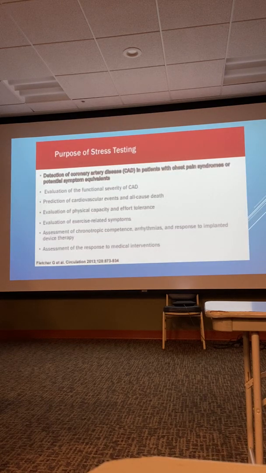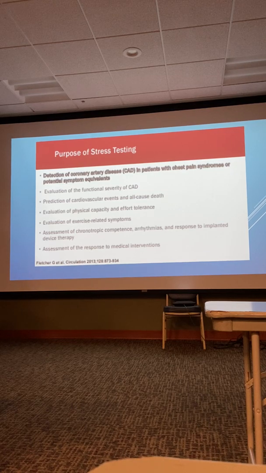And what's the purpose of a stress test? It's really most commonly used for the detection of coronary artery disease. So in patients with chest pain syndrome or symptoms that may be anginal equivalents, you want to see whether or not those symptoms are compatible with coronary disease.